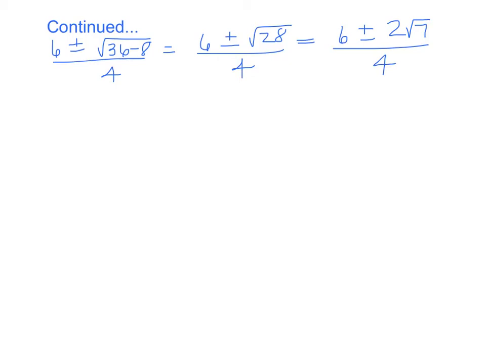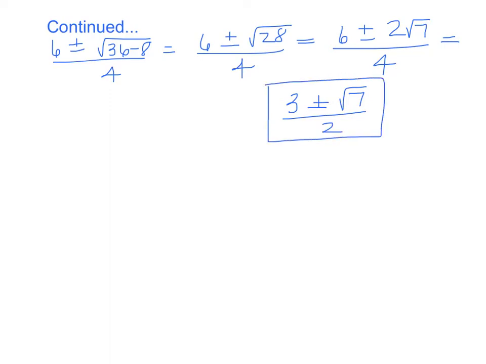And then from here, you can divide everything by 2, and you'll get 3 plus or minus radical 7 all over 2. And then that's your solution. You can write them separately, or you can write them individually. And you can't divide just one term, you have to divide both.